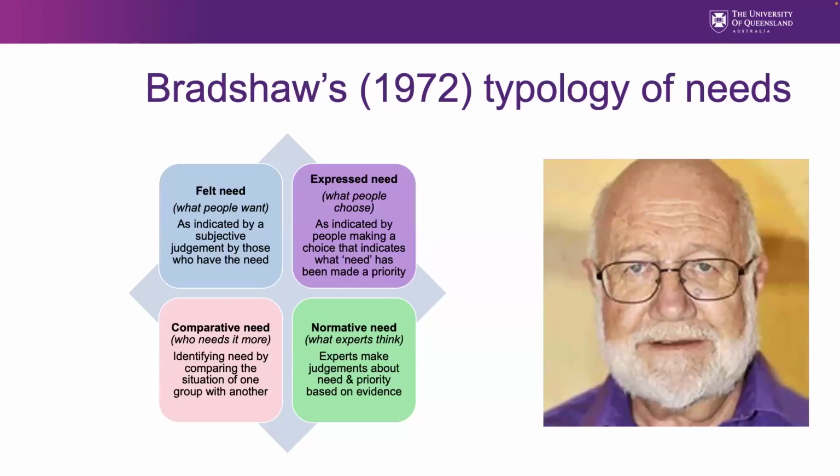We see this very often in research, and even again policymakers who use best available evidence to guide decisions about which needs should receive priority over another. Just really to give you a flavor about these 4 typologies of needs provided by Jonathan Bradshaw, which you might want again to read more about in your reading.